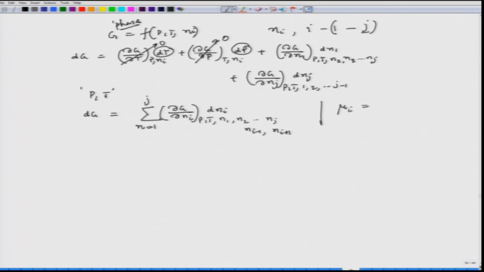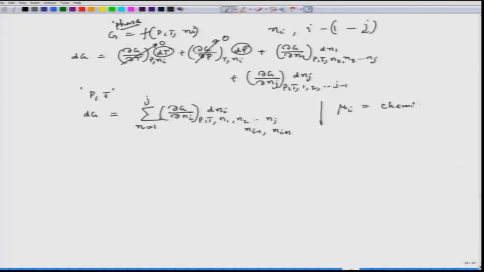In that phase, the rate of change of free energy, if we add 1 mole of the ith component or take out 1 mole of the ith component from that phase, is termed mu.